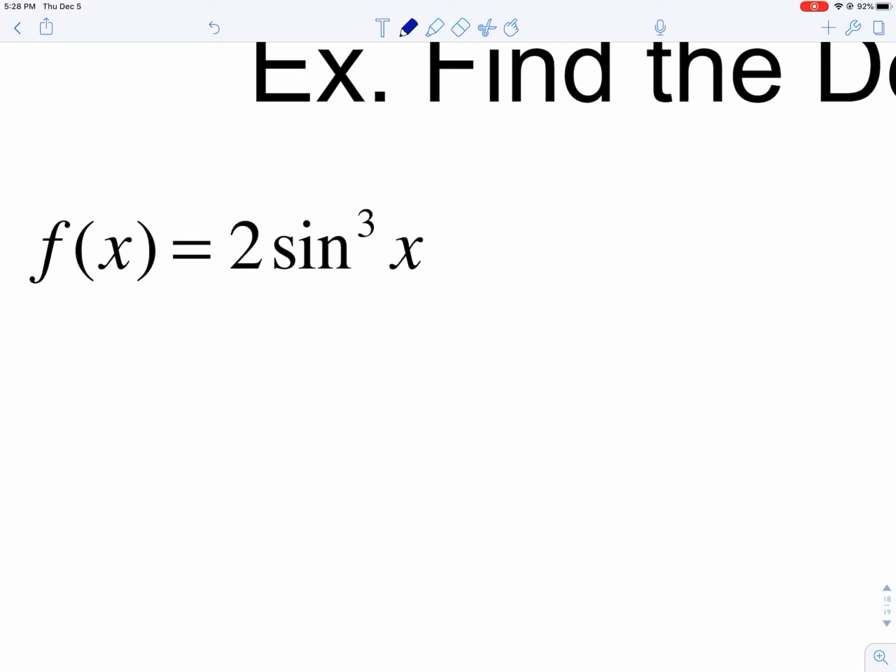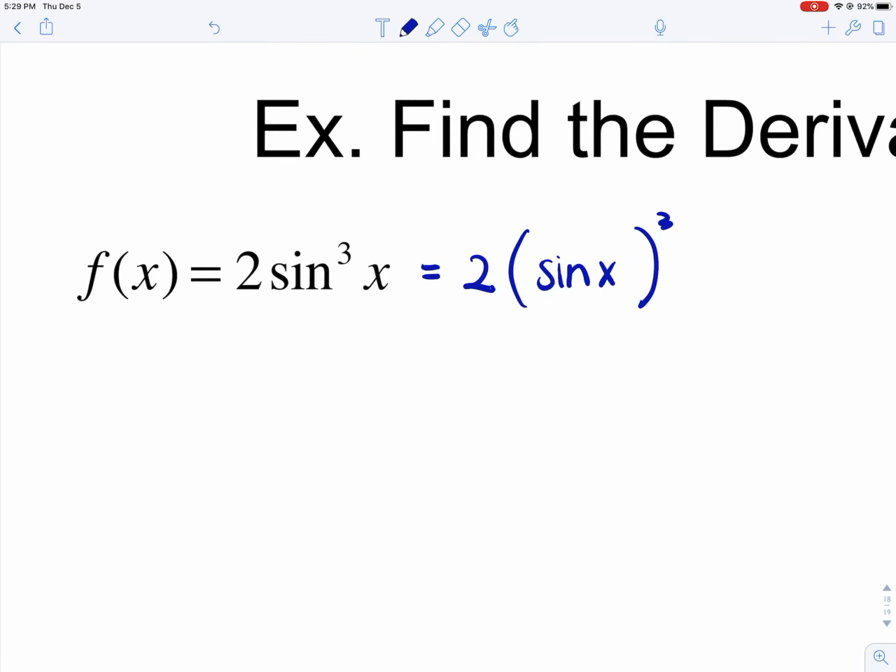Okay, so 2 times sine cubed. Remember that with this exponent here, that's the same thing as sine of x being cubed. So it's sine of x times sine of x times sine of x. So I'm going to rewrite it like that to help remind me of that. And now I need to use chain rule. So in this case, we're going to think of sine as being the inside and the cube as being the outside, and then the 2 is just the constant.